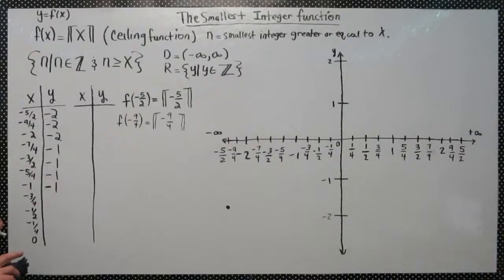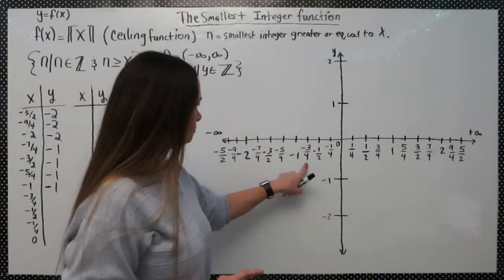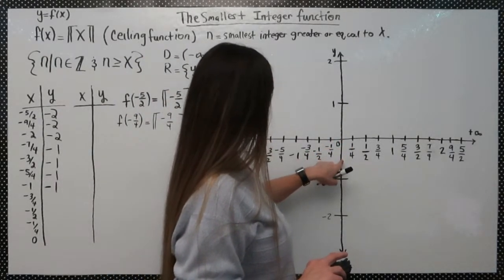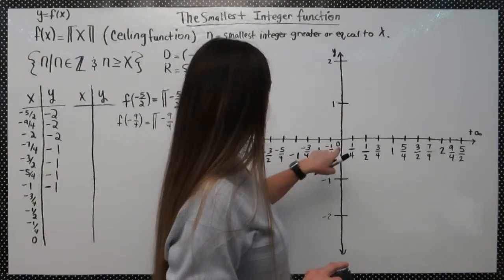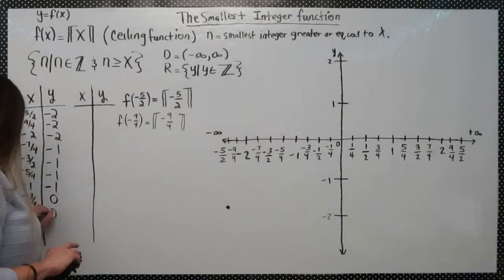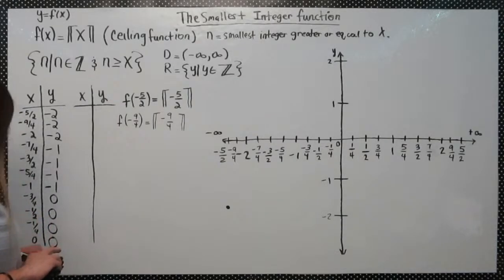And then same thing with 3/4. The smallest integer that is greater than or equal to 3/4 is 0. It's the next one. So all the way to 0.